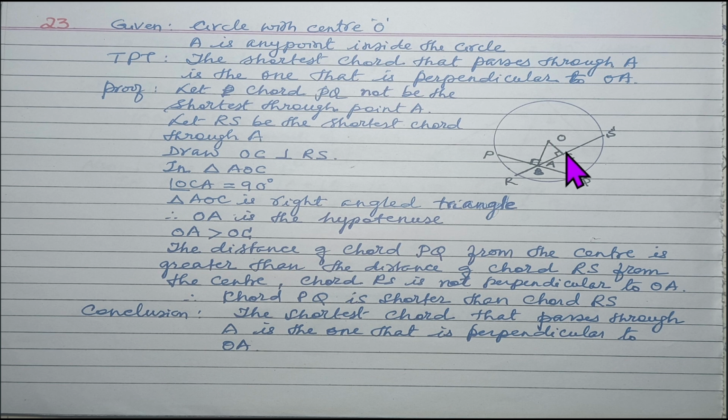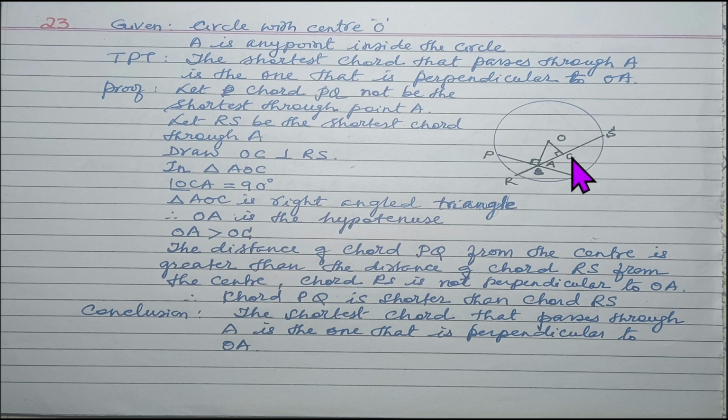OA is greater than OC, and since OA is the hypotenuse, the distance of the chord PQ from the center is greater than the distance of the chord RS from the center. OC is smaller than OA, and therefore the distance of the chord PQ is greater than the distance of the chord RS.